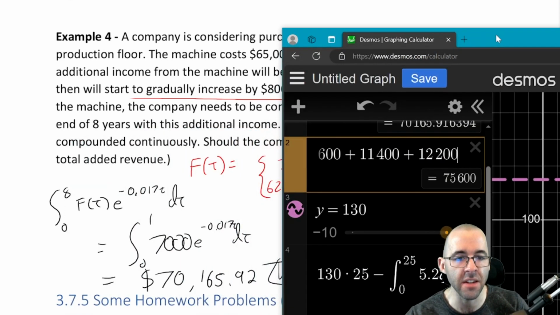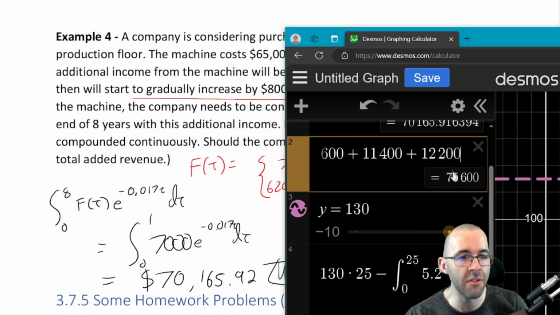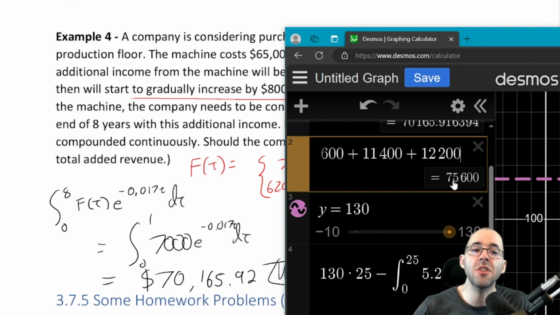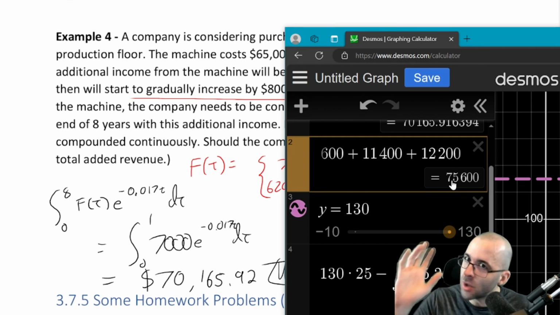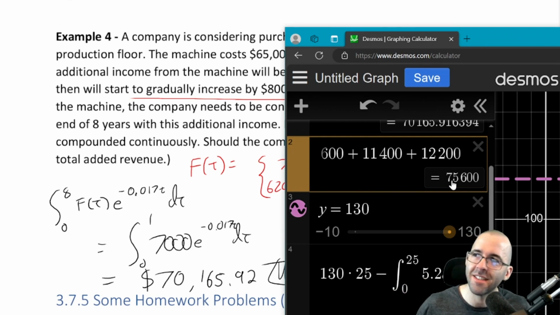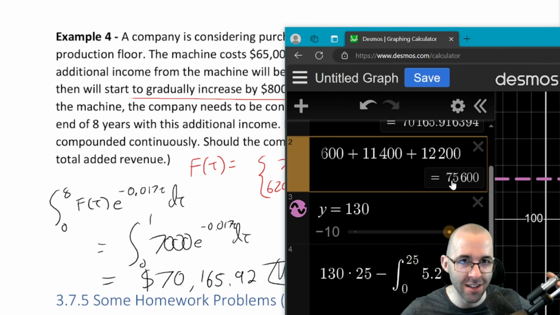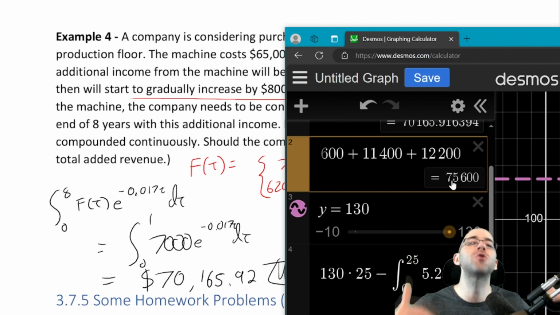Remember, there's a difference between the revenue that this machine generates and the present value of this revenue. This is the total revenue this machine gives us over the next 8 years. But a bird in the hand is worth 2 in the bush. So future money, this is 75,000 future money.